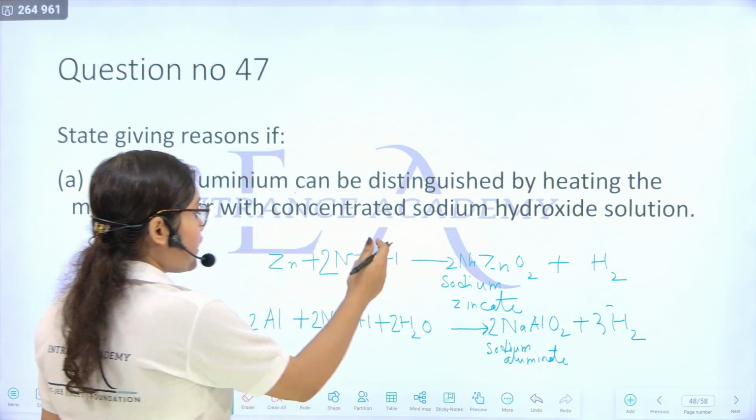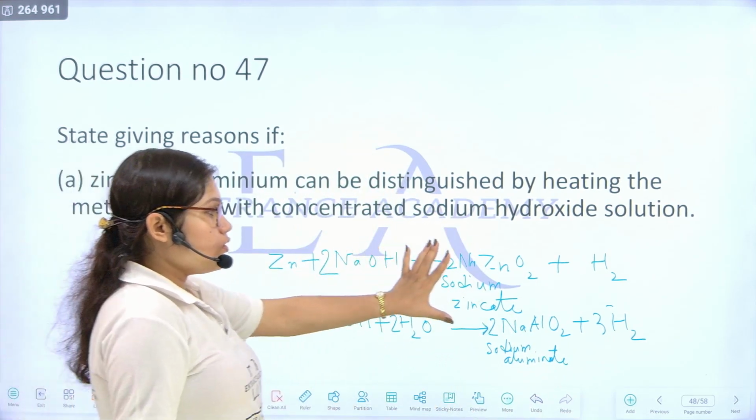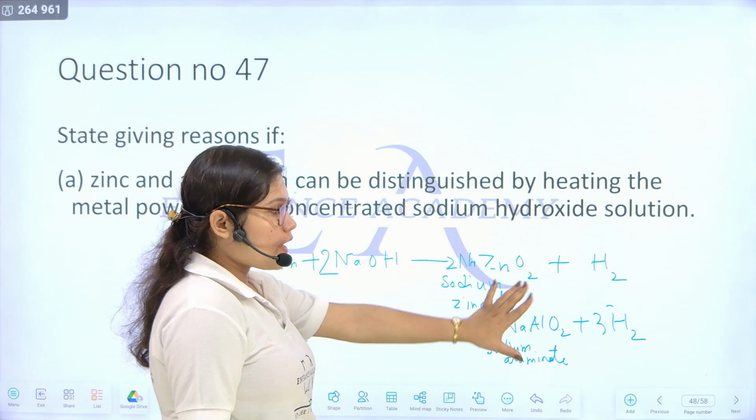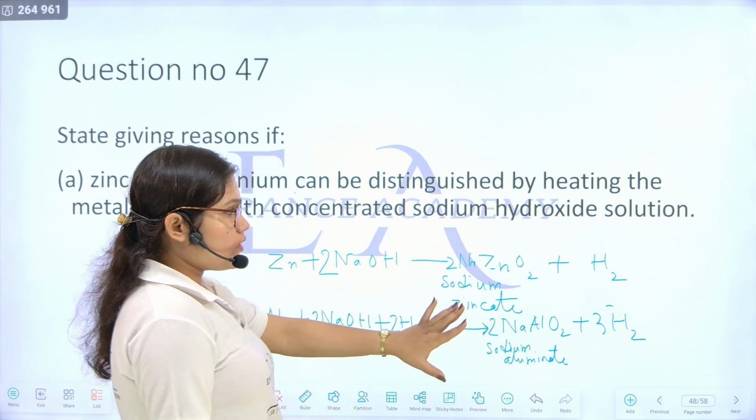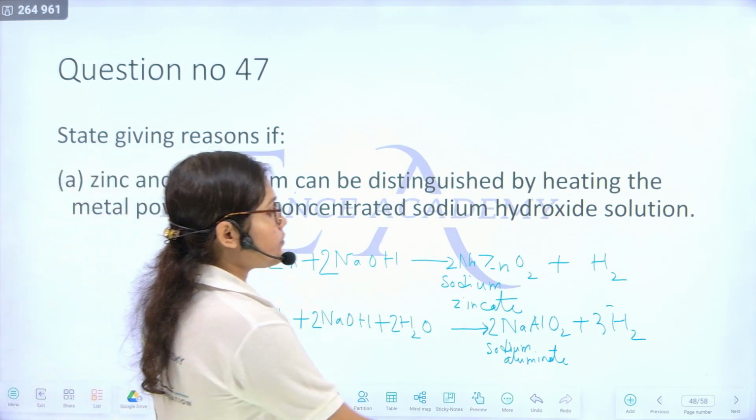So in both cases, a sodium salt and hydrogen gas are formed. So we can't distinguish using this reaction.